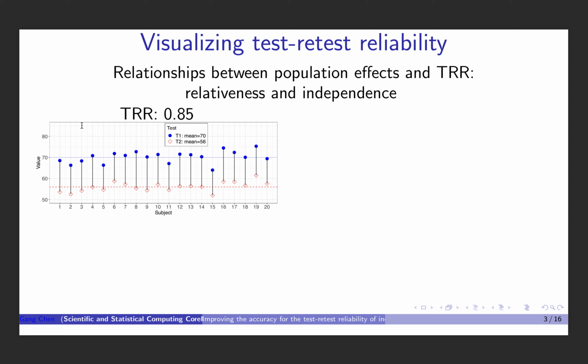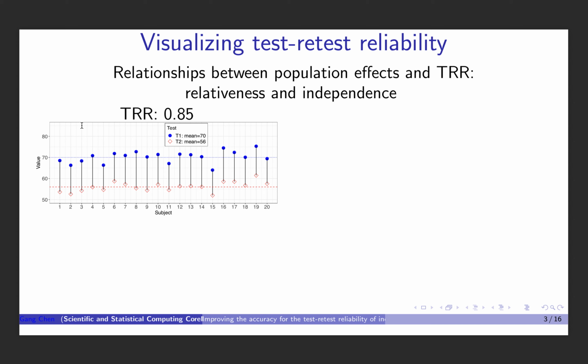Relative to that population average, those 20 subjects vary. Some of them are higher, some lower. During the second session, similarly, those 20 subjects differ from the population average, which is the dashed red line. So what is reliable?